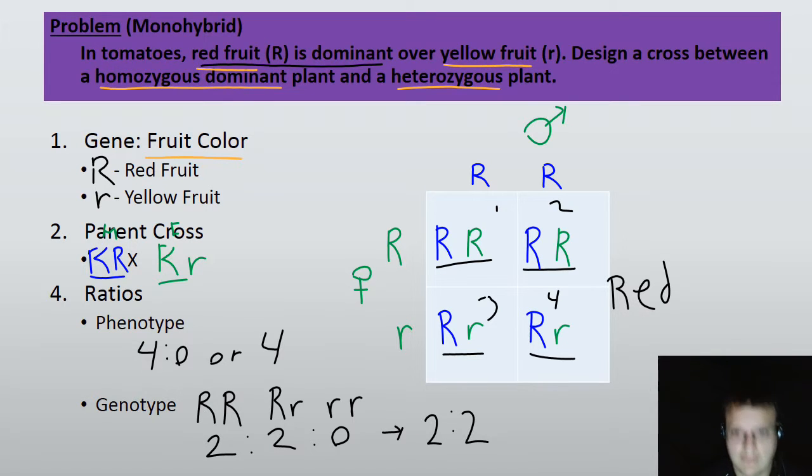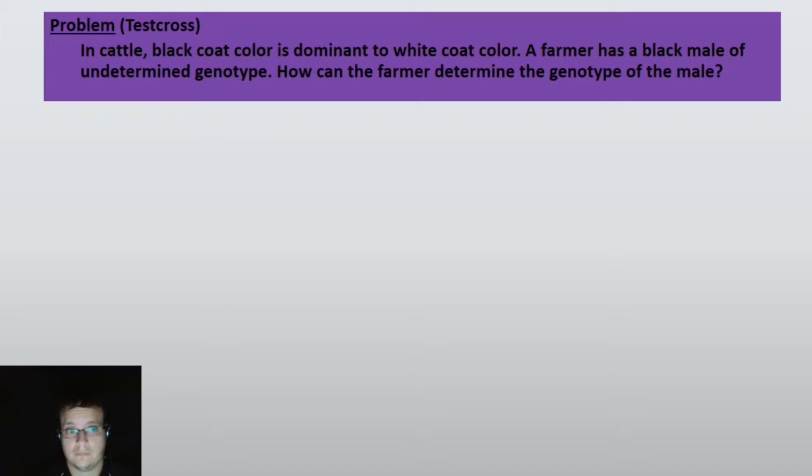Alright, let's try a test cross next. So this is a test cross. In cattle, black coat color is dominant to white coat color. A farmer has a black male of undetermined genotype. How can the farmer determine the genotype of the male? So this is a test cross. We do not know if it's homozygous dominant or homozygous recessive.